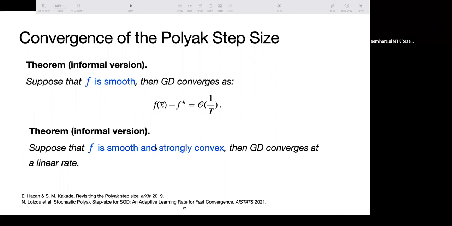And I will not go through this proof. The audience can find these two papers for details. The first paper of Elad Hazan and Sham Kakade considers the deterministic setting, and the paper of Nicolas Loizou considers the empirical risk minimization setting.